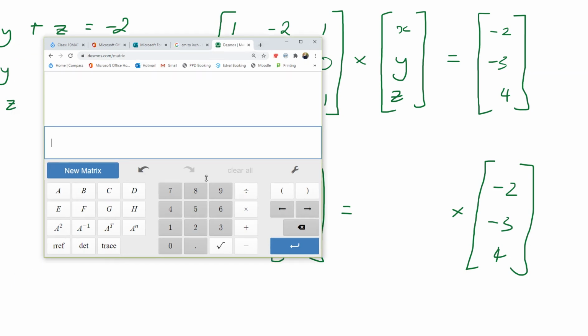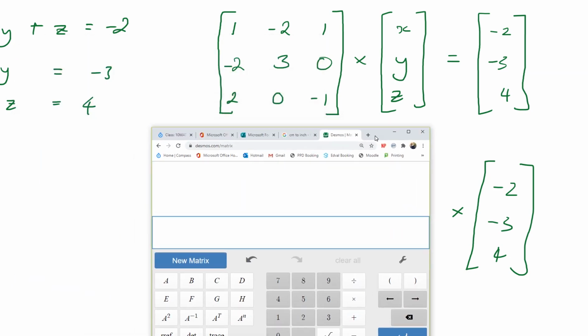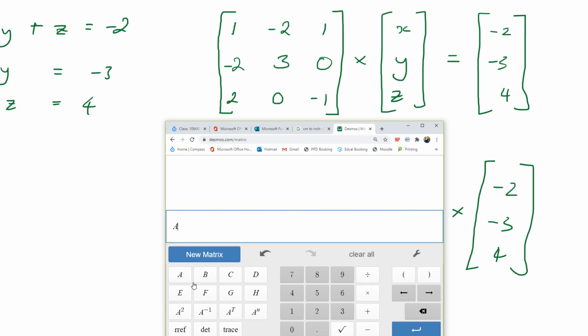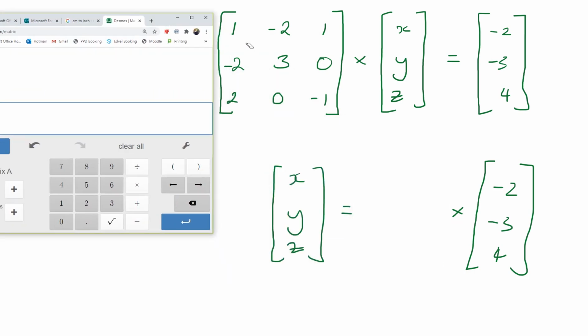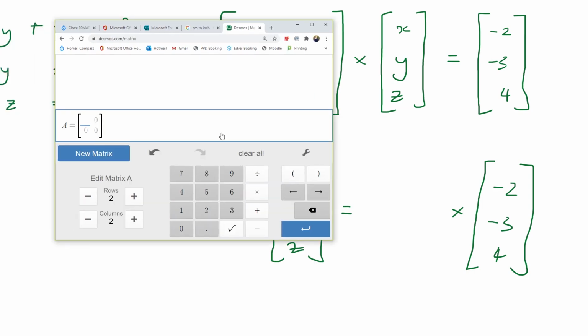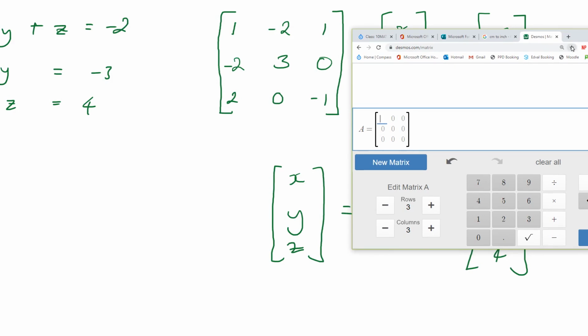Now, on the online calculator, it's a lot easier to do. So let's make a new matrix. This is going to be a 3 by 3, 3 rows, 3 columns. So make sure you increase the rows and the columns here. And the matrix has 1, -2, 1, -2, 3, 0.